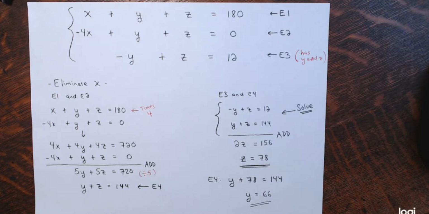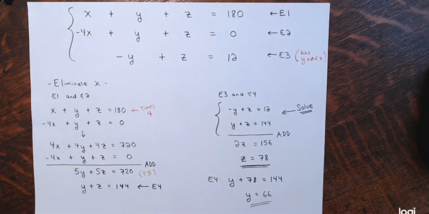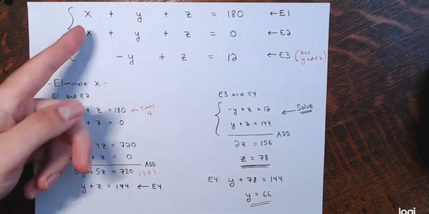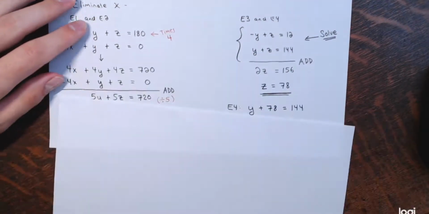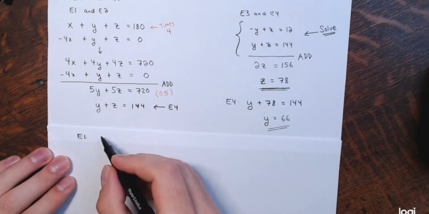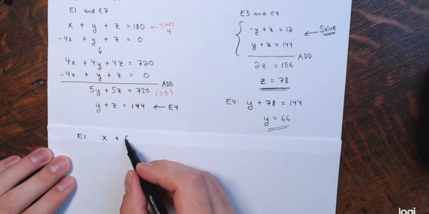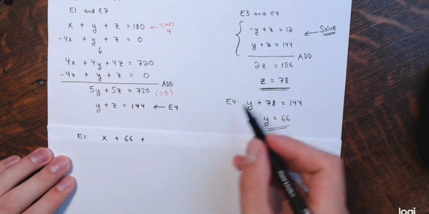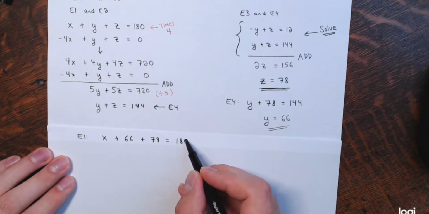Now that I have y and z, I can go back to any equation that has x in it. I'll just go back to the first equation, where the sum of x, y, and z was 180. So x plus y, which is 66, plus z, which is 78, equals 180.